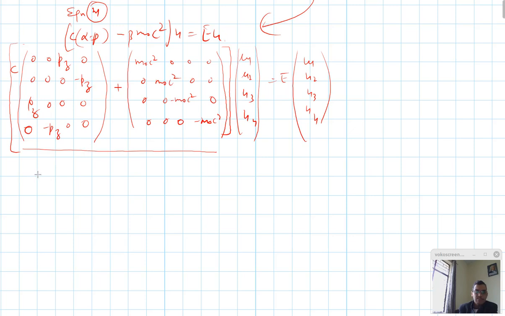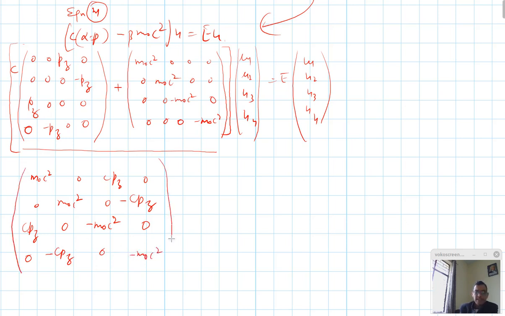So I can write down m naught c square, it is m naught c square 0 cpz 0, 0 m naught c square 0 minus cpz, it is cpz 0 minus m naught c square, then 0 0 minus cpz, it is 0 and it is minus m naught c square.